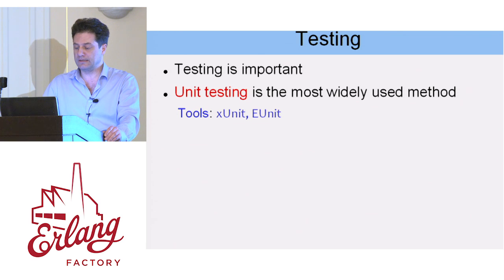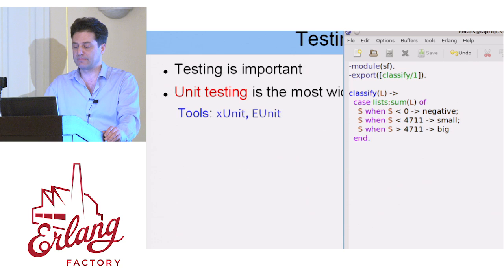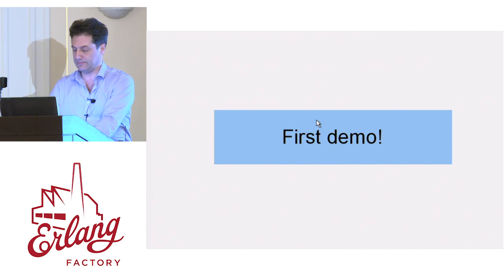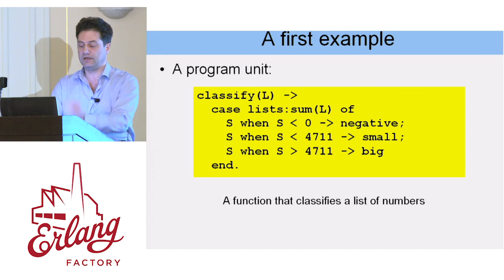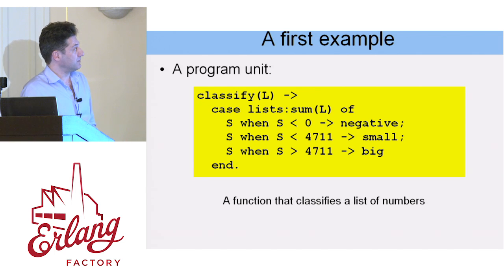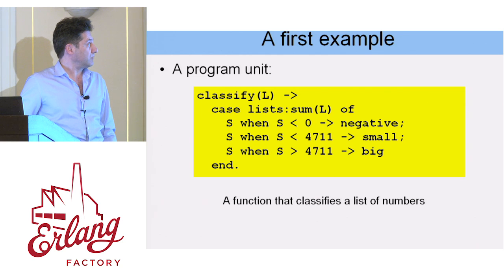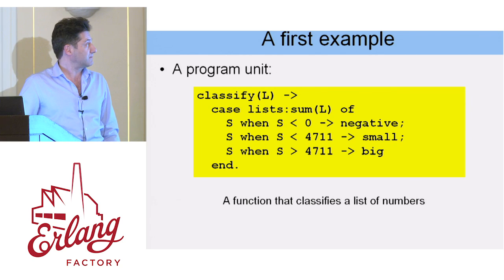So here is a program that I have. Let me show it first here in a bigger font so that you can see it. It's a small function. It's supposed to take a list of numbers and then does some classification on the outcome of the sum of the elements of this list.